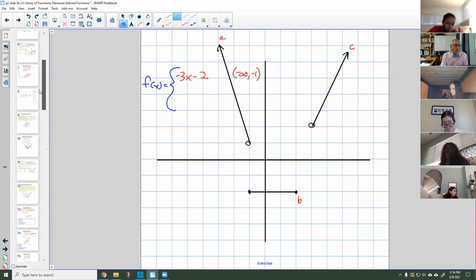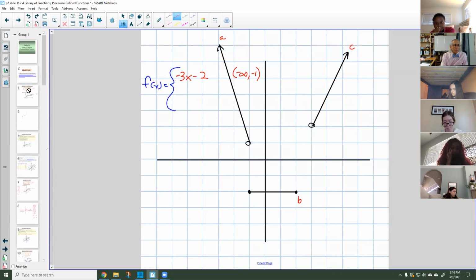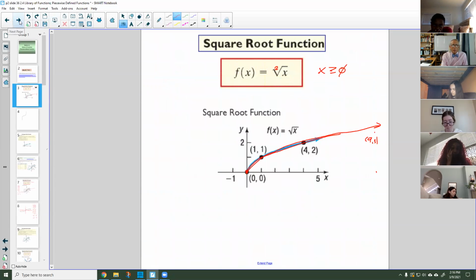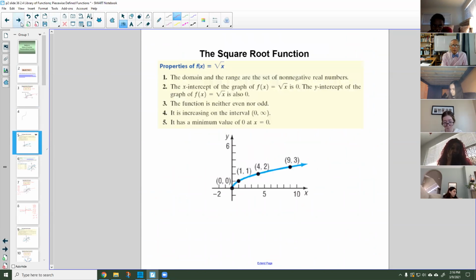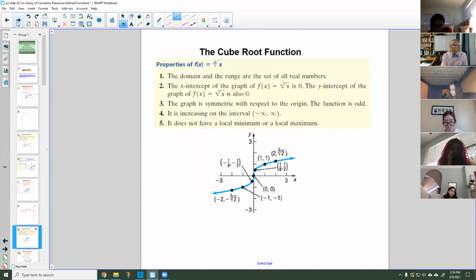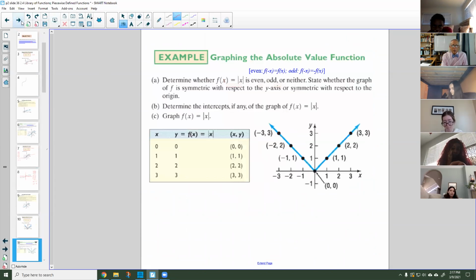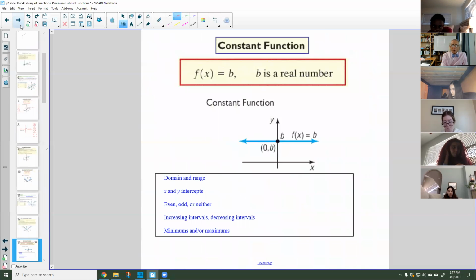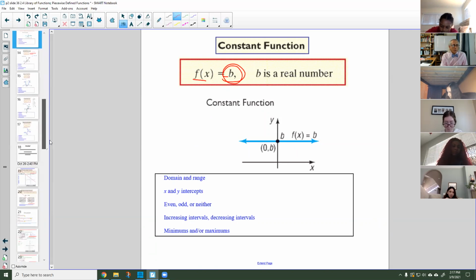So I went through my library of functions, and it doesn't look like that, or that, or that, but it does look like that. So a constant function. It's a constant function, okay? So that means f of x equals some constant. Can you tell me what that constant is?